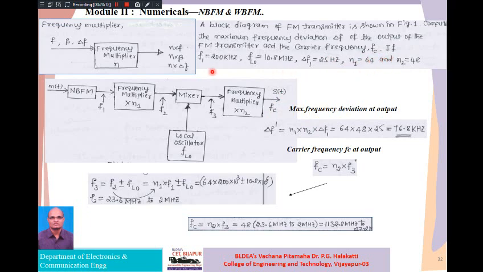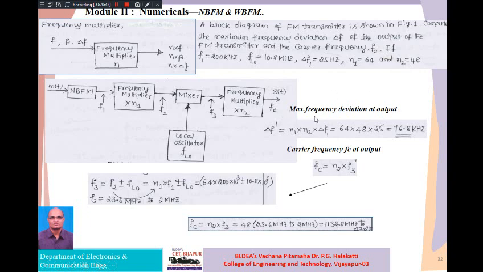f1 is given as 200 kilohertz, and local oscillator 1 generates 10.8 megahertz. The frequency deviation delta F1 is given as 25 hertz, N1 multiplies everything by 64, and N2 multiplies everything by 48.